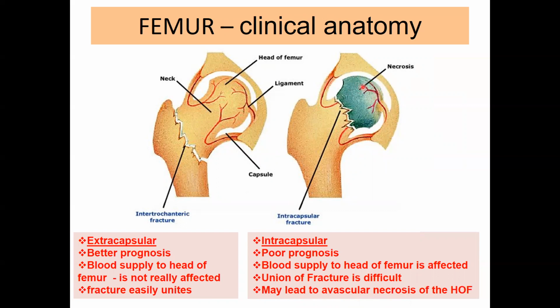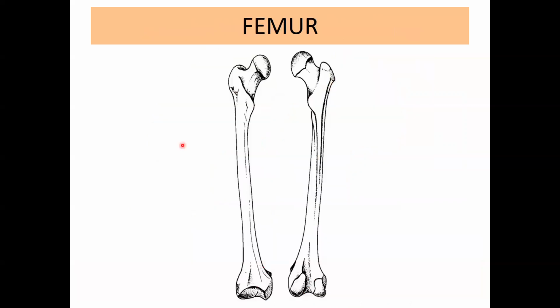HOF means head of femur. And this kind of fracture easily unites. Okay, this is your labeling exercise. So you have to know what the important structures present in the femur shaft, and also the distal and proximal parts of femur.